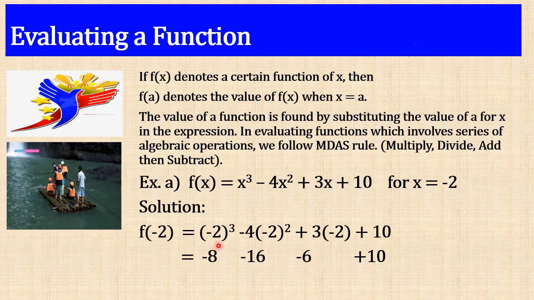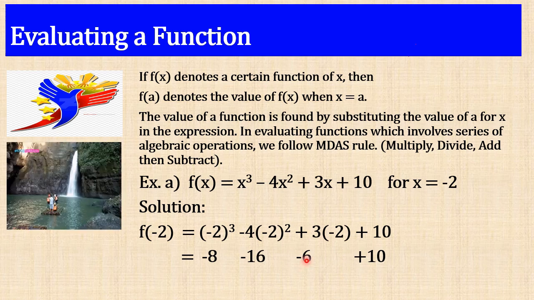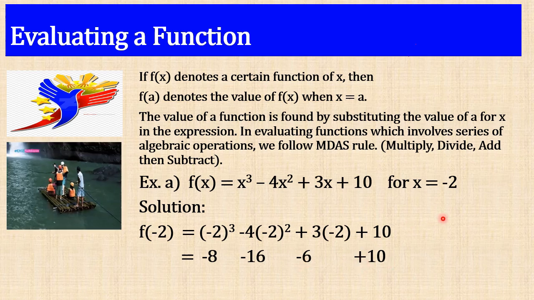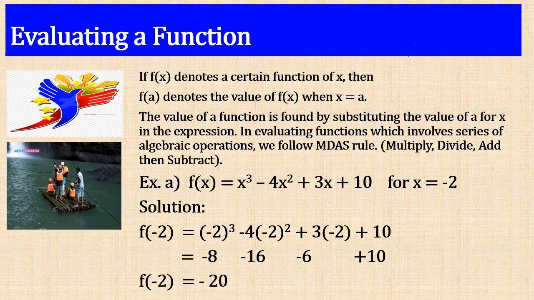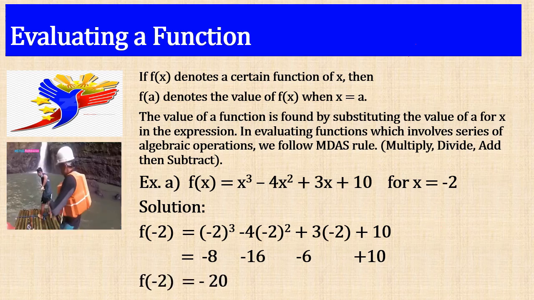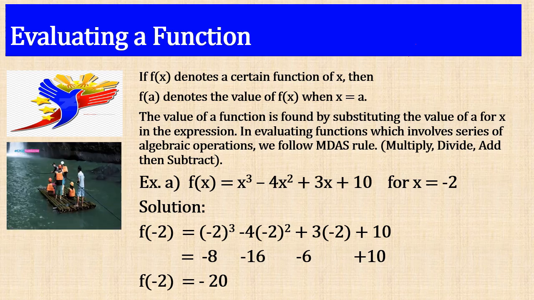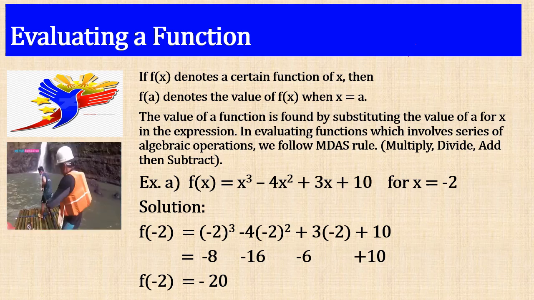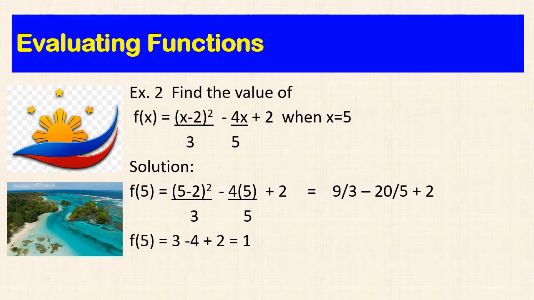Okay, double check nga po natin. Okay, tama. Negative 2, negative 2, positive. Pagkatapos, ang sagot daw po, f of negative 2 is equal to negative 20. Negative 8 minus 16 ay negative 24 minus 6, negative 30 plus 10, negative 20. So yan po ang pag-i-evaluate ng function.